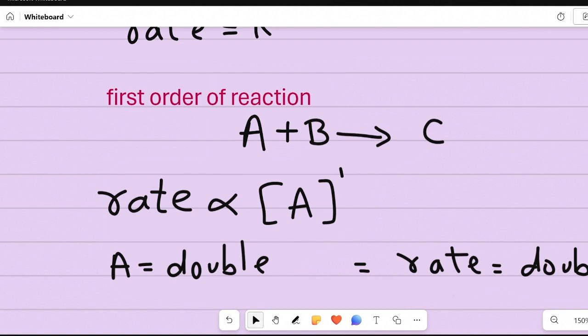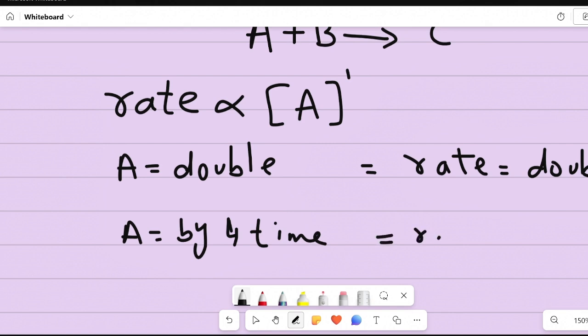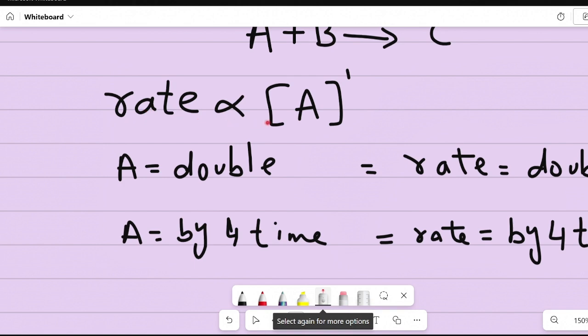If you increase the concentration of A by 4 times, the rate increases by 4 times. Both of them have a linear relationship, and you can find this by using practicals. It means that the rate is directly proportional to the concentration of reactant A raised to power 1.